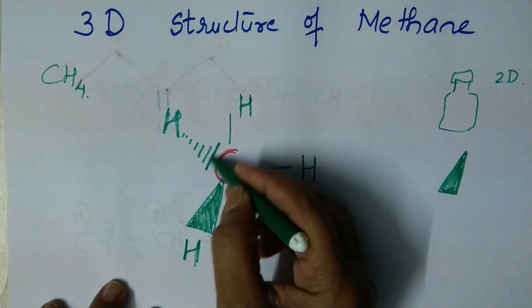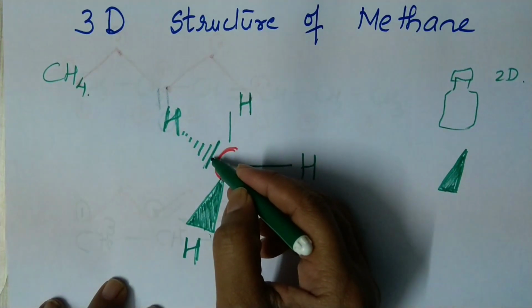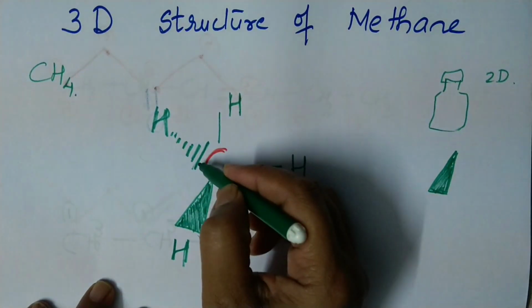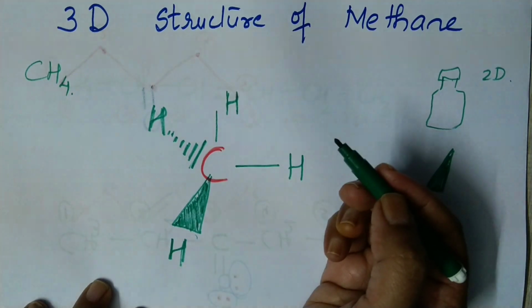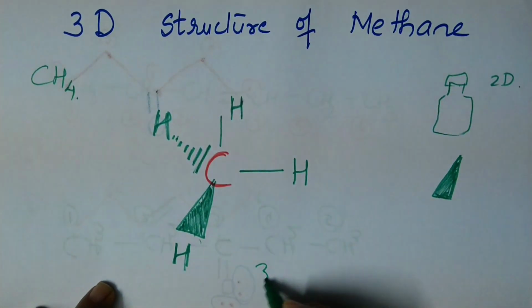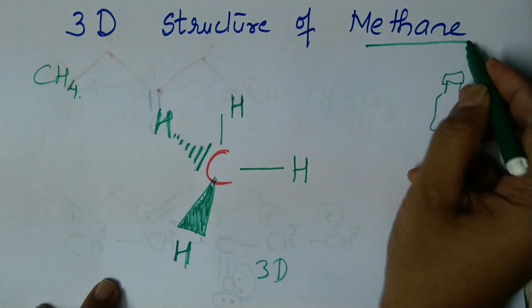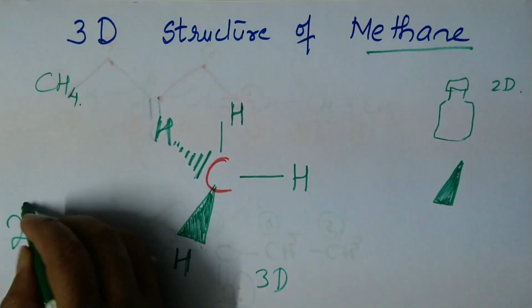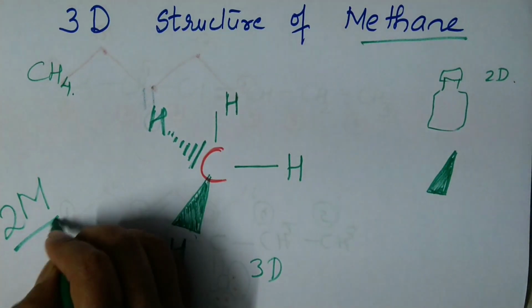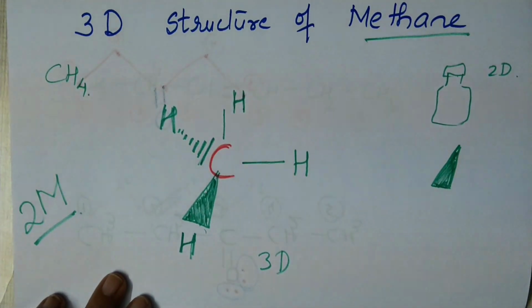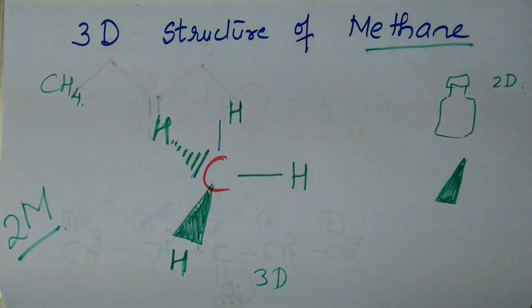So this is near to the carbon, you are able to see this, and the hydrogen is placed far away. See how it is written. So which structure is this? 3D structure. Of what? Of methane. For how many marks will it be asked? For 2 marks.